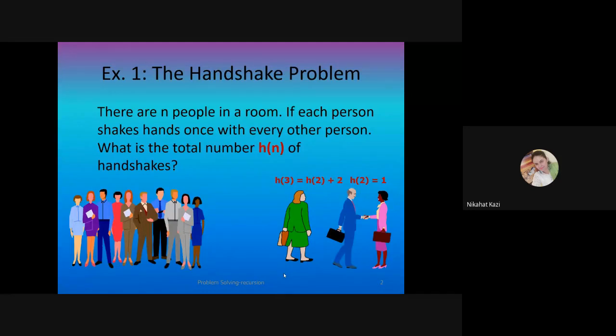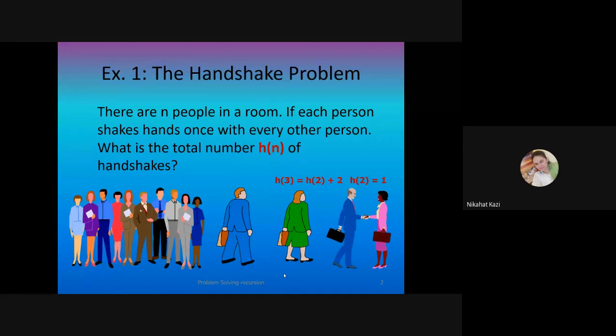So I can express this as, when there are three people, that is n is equal to 3, h of 3, the number of handshakes, is equal to the number of handshakes when there were two people plus two handshakes, correct? Now what if a fourth person comes into the room?